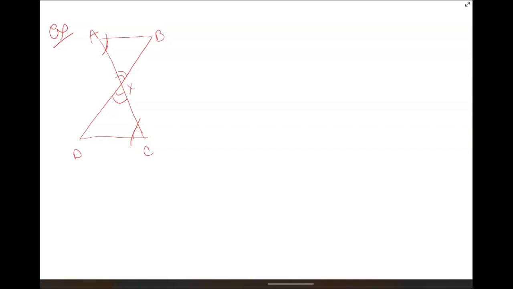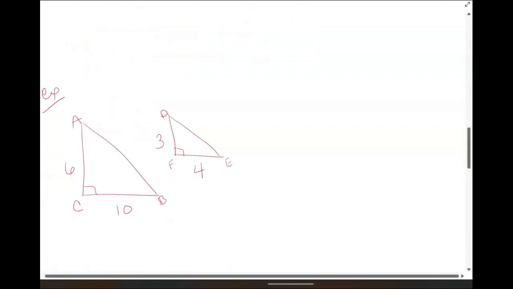But in this case, because now we have two sets of congruent angles, we can say that yes, the triangles are similar, and write a statement. So triangle ABX is similar to triangle CDX. Okay, so we just had to identify those vertical angles there.